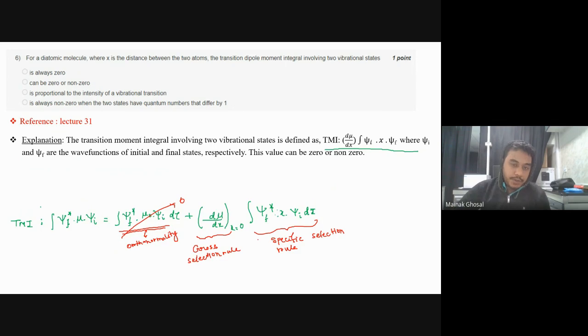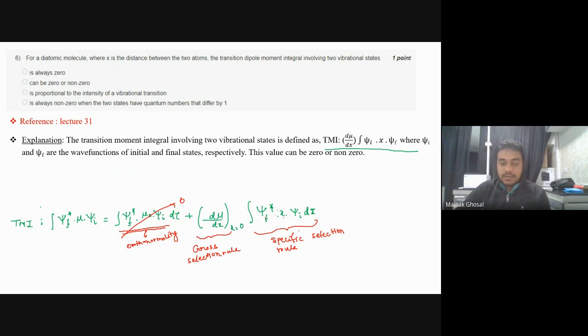So you can see here that your transition moment integral will depend upon two factors. One is this factor, the change in the dipole moment at x equals 0, and the second factor is psi f star x psi i d tau.